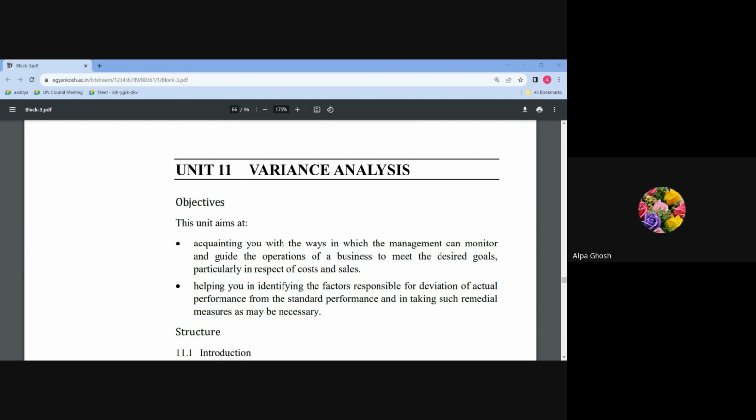Why is there a shortage or increase? What is the reason that the actual and the expected are different? This difference is known as variance. We need to do the variance analysis. The variance analysis can be of material, labor, profit, anything. So when we talk about variance, what is variance analysis?